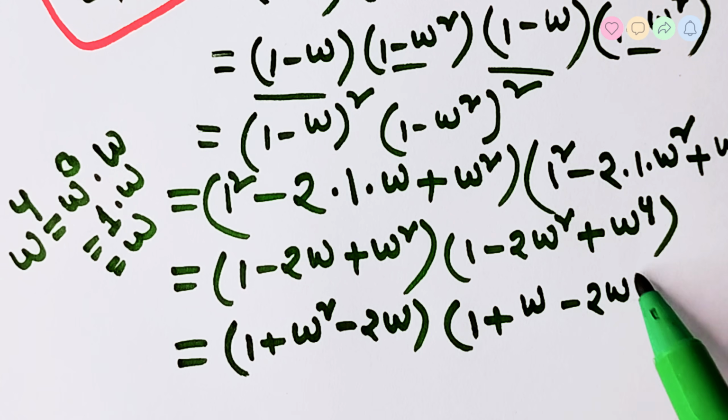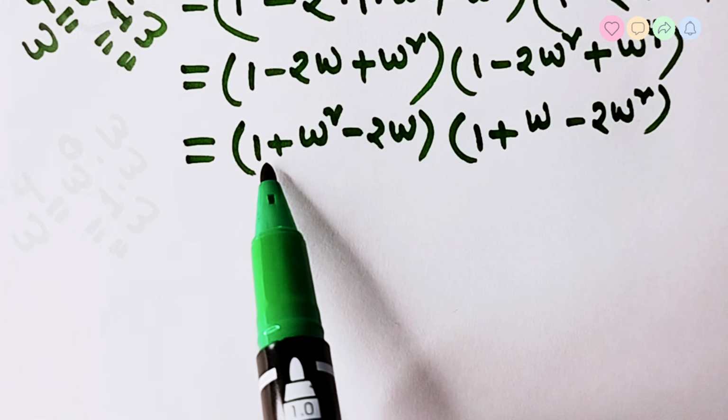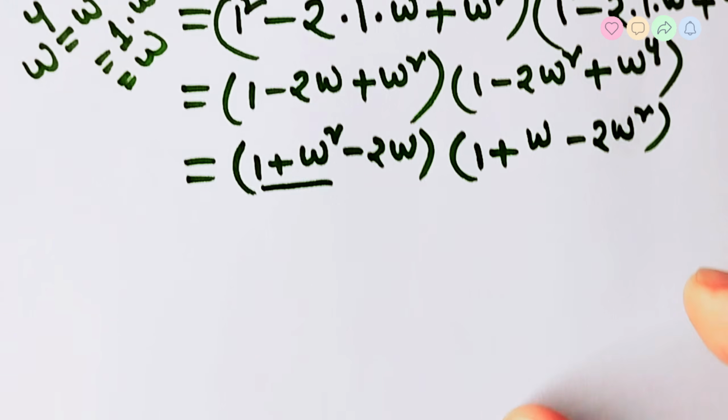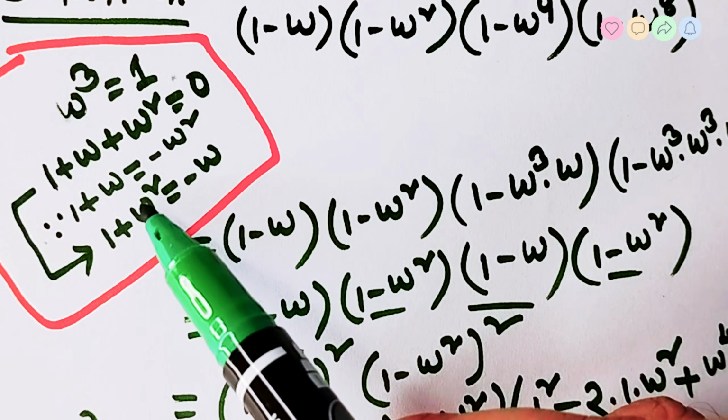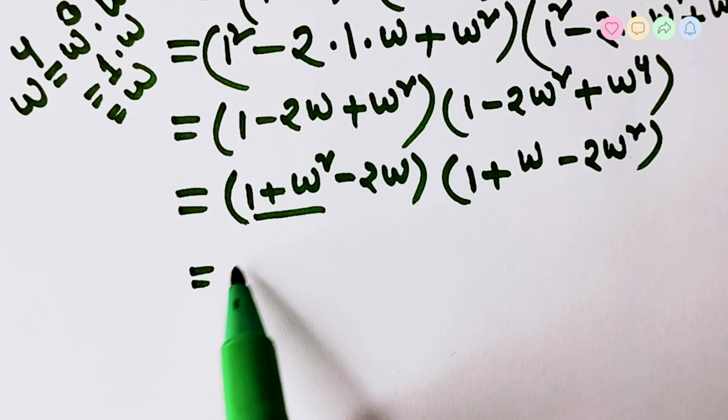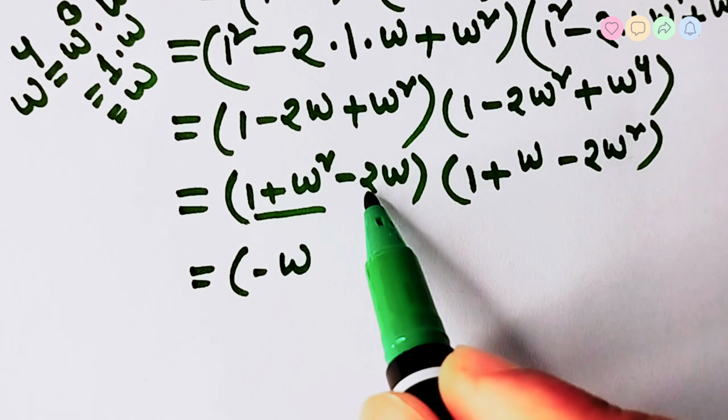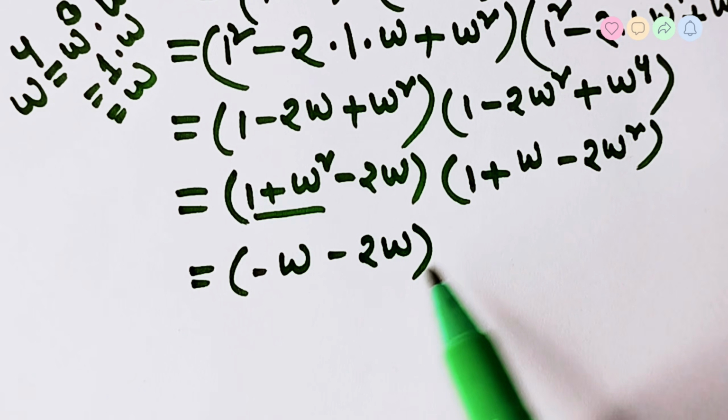Minus 2 omega square. Now, for 1 plus omega square, we can write minus omega, and minus 2 omega.